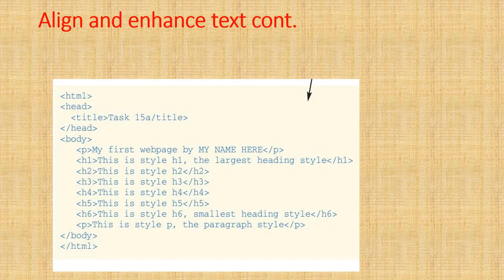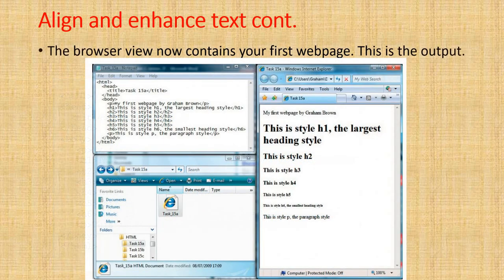An example of HTML codes are what you are seeing on your screen. We have the HTML opening tag and the closing tag, the head, opening and the closing, the body, and so on and so forth. So when you run this is what you're going to see.